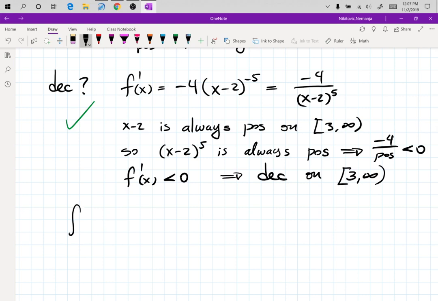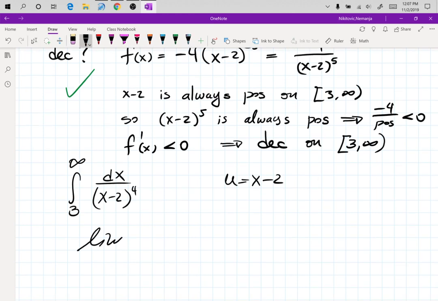Now we do the integral from 3 to infinity of 1 over x minus 2 to the 4th power, dx. On top, u equals x minus 2. Oh, I forgot to do the limit.